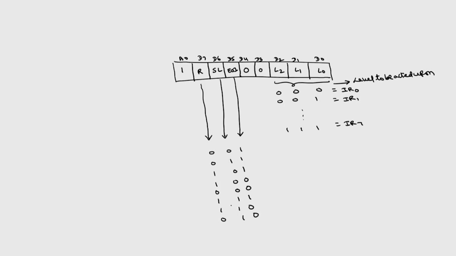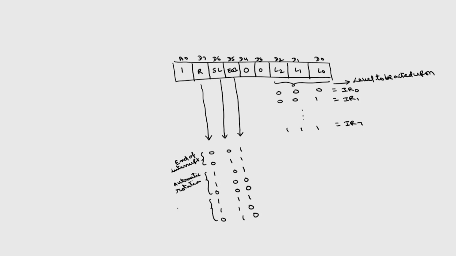So on this side, these two will represent end of interrupt. End of interrupt. These two will specify automatic rotation. And the remaining is going to determine specific rotation.